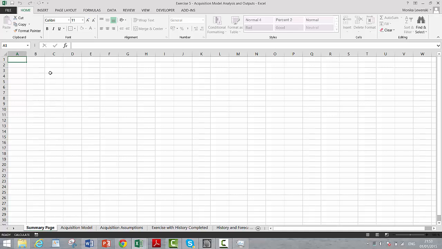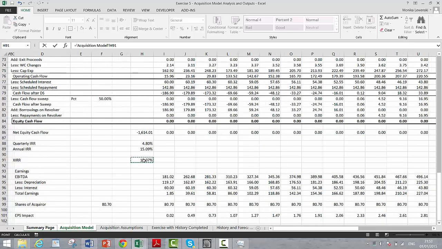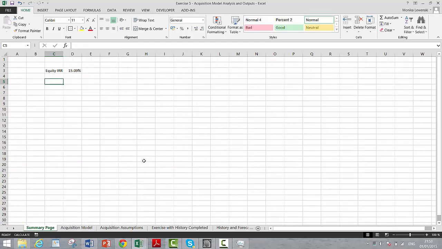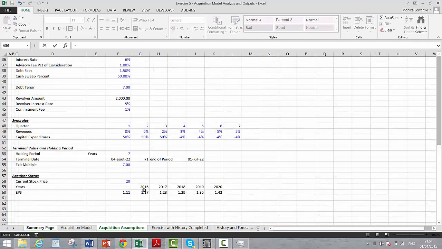And we can put our first thing, our equity IRR, that's the main number, that's the number everybody talks about if they're really talking about leveraged buyouts. I suppose we'll use this one. And then we can put accretion and dilution. So let's put the years in this one.